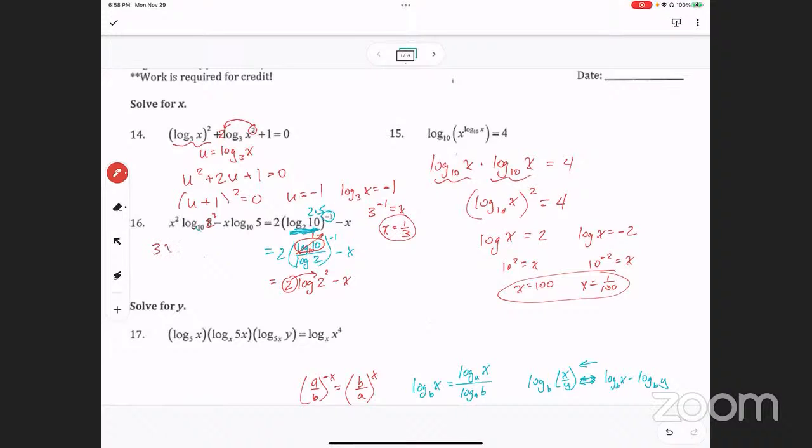This is 3x squared log base 10 of 2 minus x log base 10 of 5. And see how 2 times 5 is 10? I feel like that's going to somehow be related to what I'm doing here, but I'm just not exactly sure how.